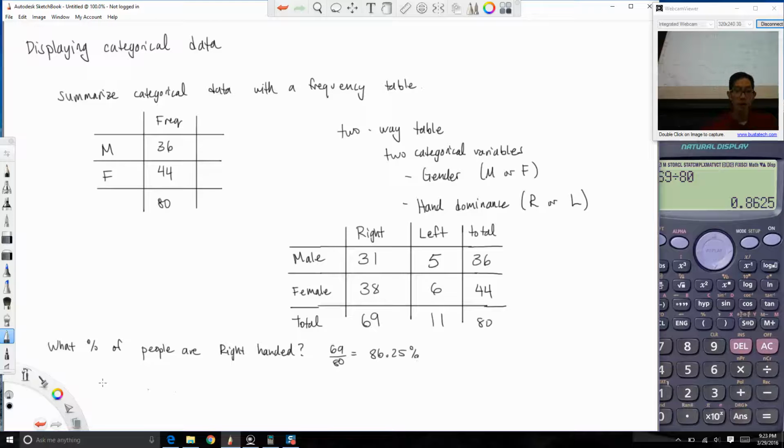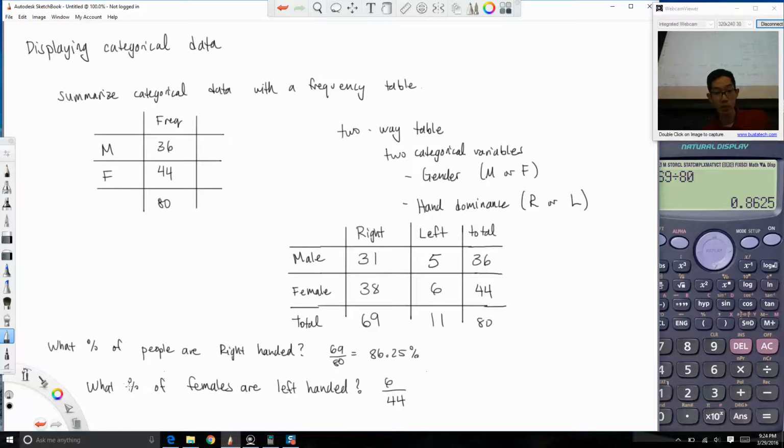Or I could ask, what percentage of females are left-handed? What is the fraction I would do here? This would be 6 divided by 44, right?